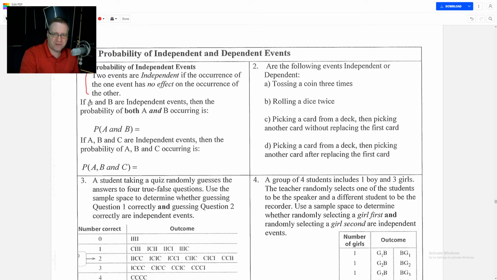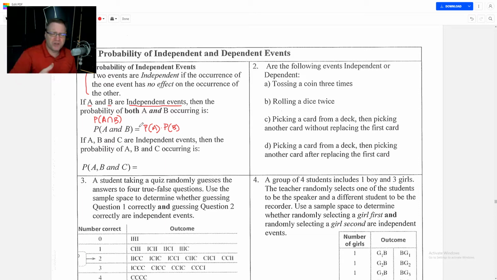If A and B are independent events, then the probability that both of these things happen, the probability of A and B, which I usually write in shorthand with this little upside down U symbol, equals the probability of A times the probability of B. So this rule only works if we know that the events are independent. They don't change each other.